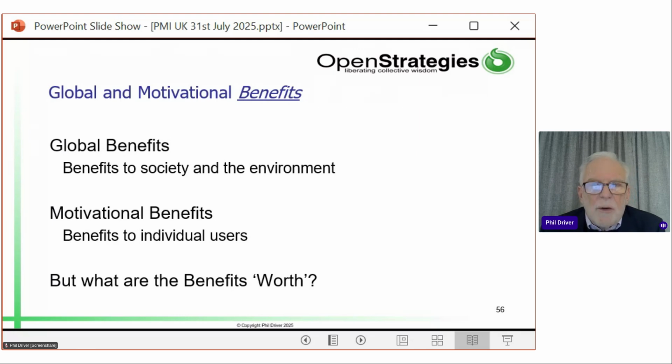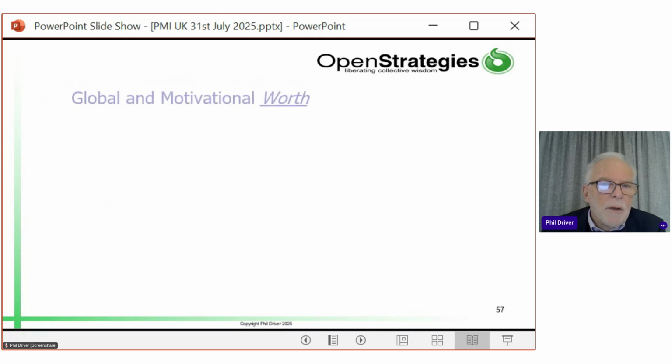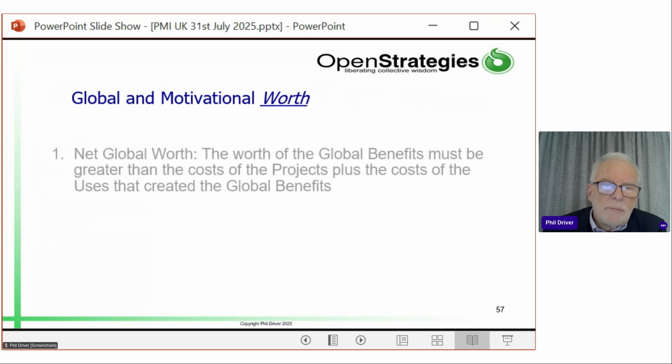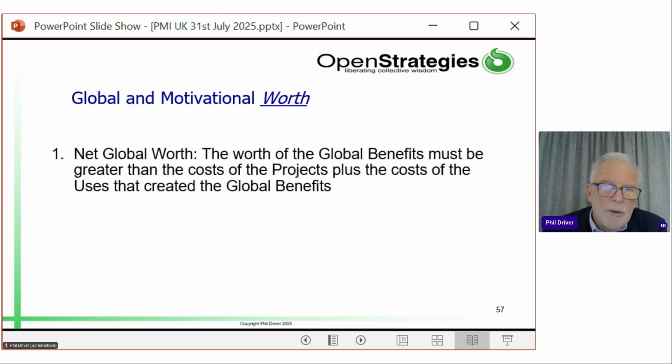You can dwell on that one and you won't all agree with that, but that's the experience I find. The other reason I use the word worth is that the word value is very often confused with the word values. And I'll come on to what values are later on. So I use the word worth. What is a benefit actually worth? And so that leads to global and motivational worth. The net global worth, I'll let you read that.